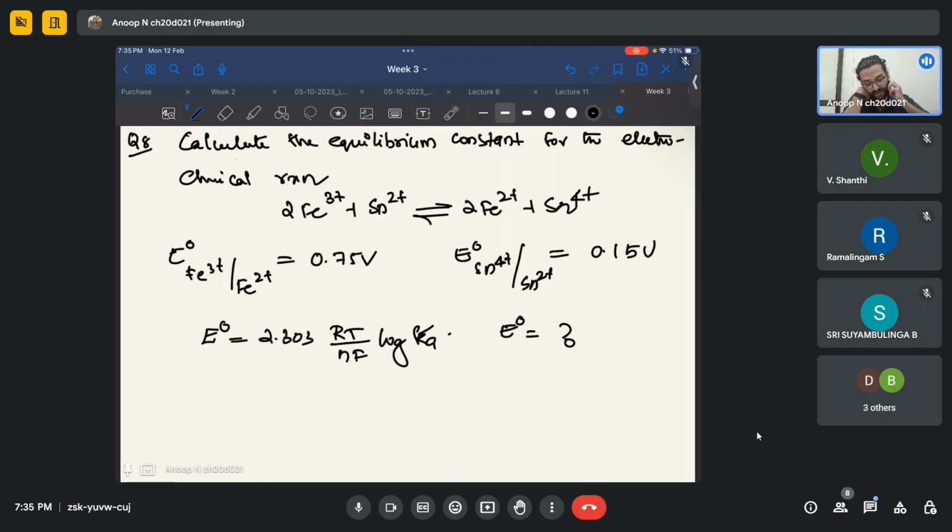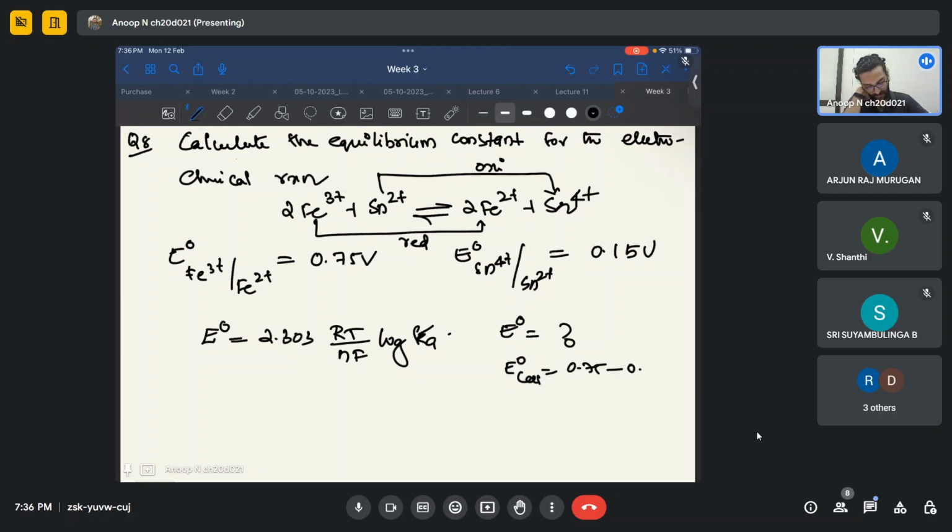By the way, which will be cathode, which will be anode? Reduction, oxidation. So how will I write? E0 cell is equal to 0.75 minus 0.15, nothing but 0.6.